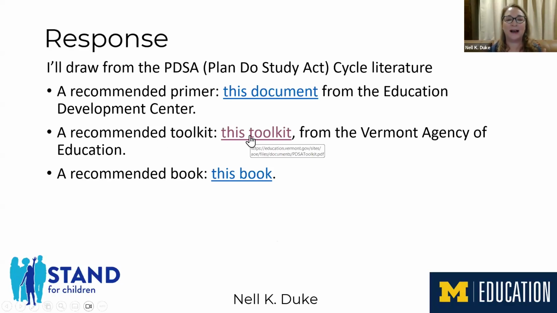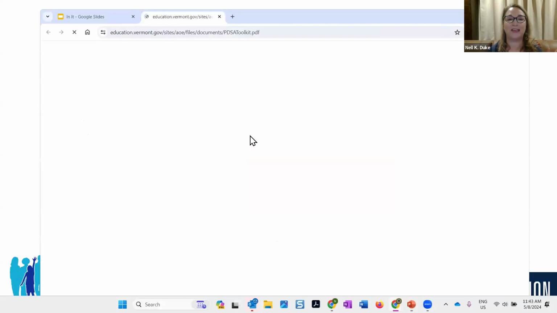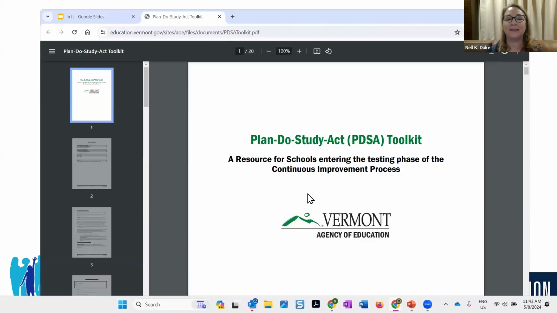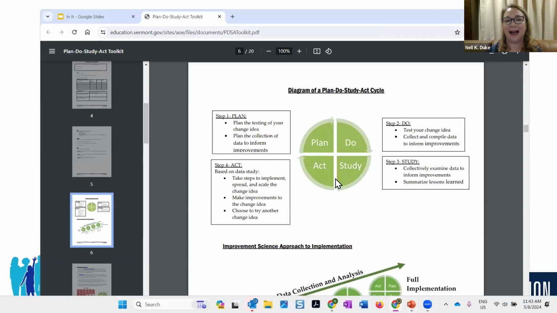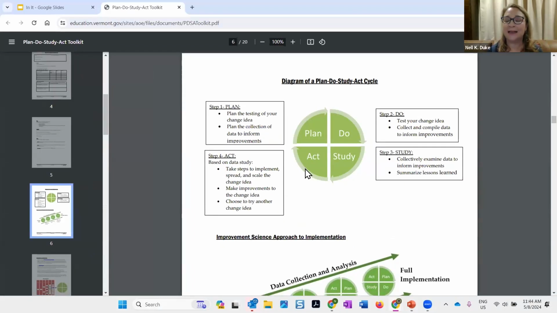But anyway, just to make sure we're on the same page about Plan, Do, Study, Act cycles, this is Plan, Do, Study, Act. This is part of the large literature on improvement science. So again, you can see how similar it really is to what you would think of as a coaching cycle in many ways, but you're planning how you're going to test a change idea.